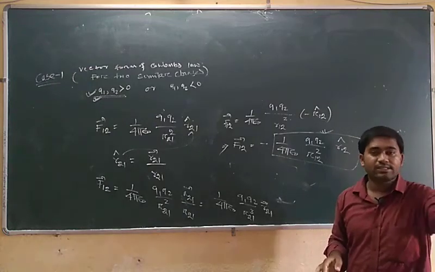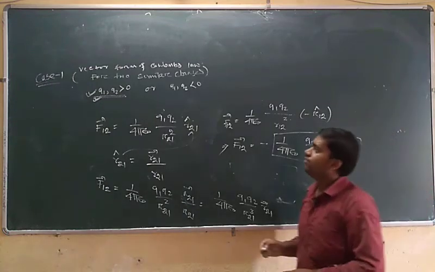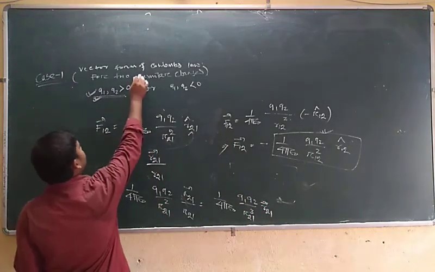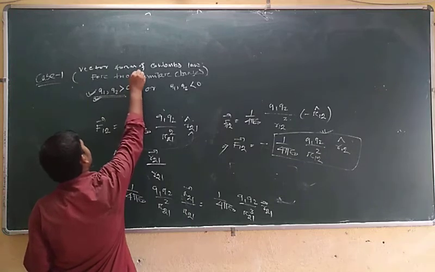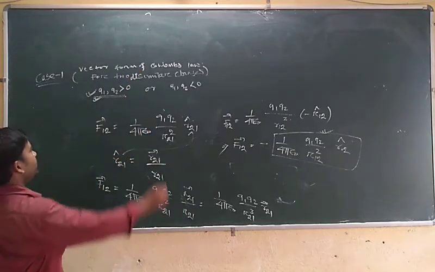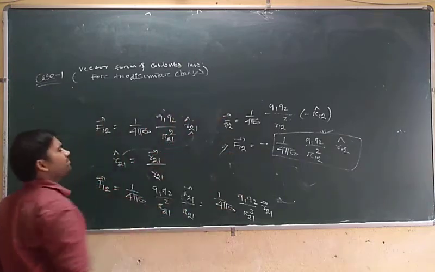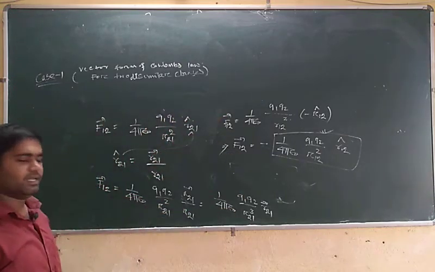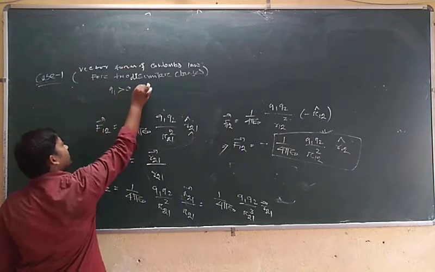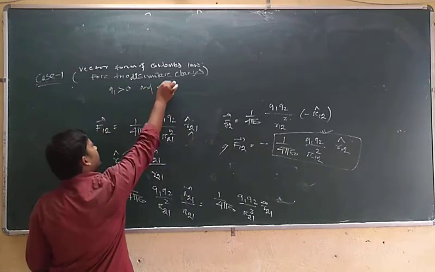Now take the second case, the vector form of Coulomb force for two dissimilar charges. When we take two dissimilar charges, it means one is positive and another is negative. That means we can take q1 greater than 0 and q2 less than 0.